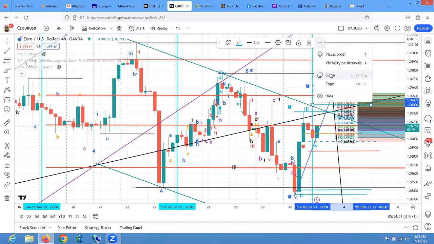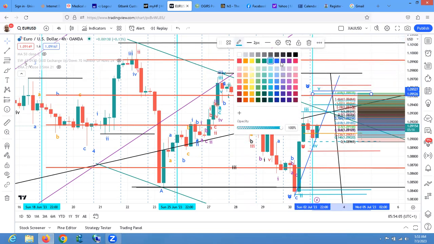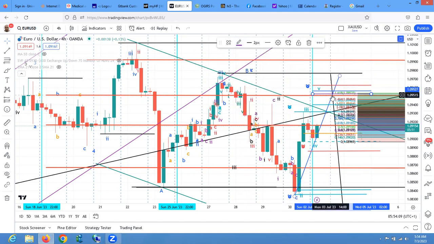I'm going to use purple. Yeah, very close to 85. So this is the level. 85 is in blue. So that's the level. Very close to 85. So it could as well get to 85.